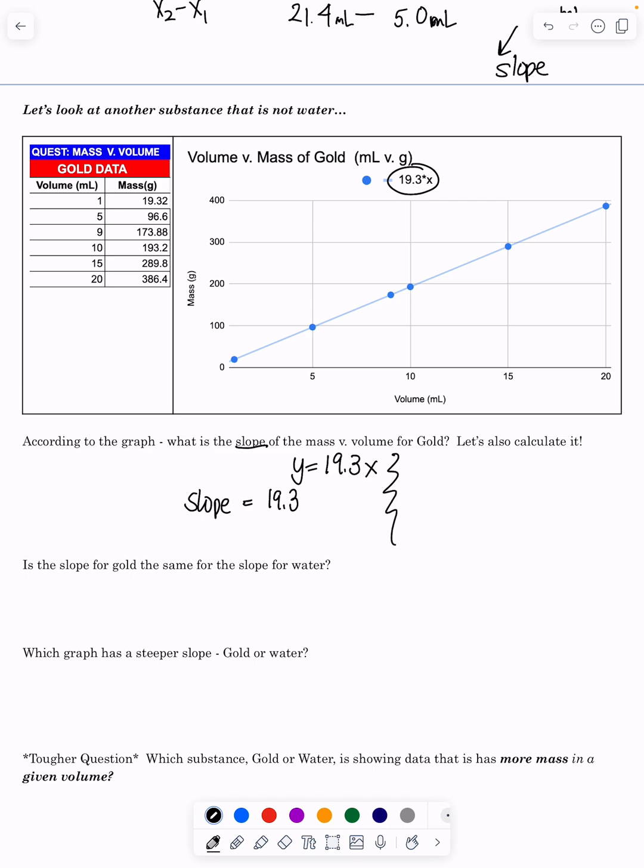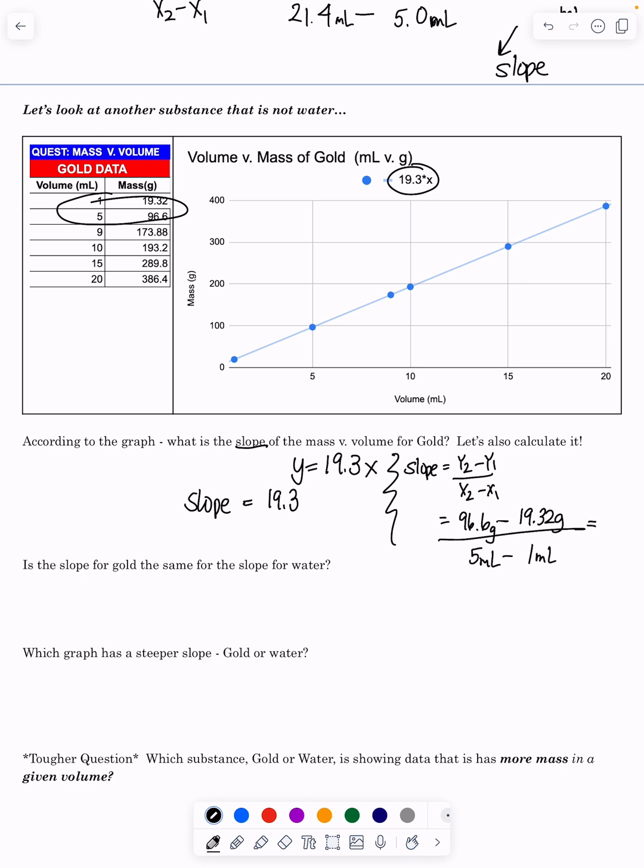Let's also calculate it. Let's choose 2 values. I'm just going to use these 2, right? Remember, to calculate slope, it's y2 minus y1 over x2 minus x1. Y2 will be 96.6 grams minus y1, which is 19.32 grams, over x2, which is 5 milliliters, minus x1, which is 1 milliliter.